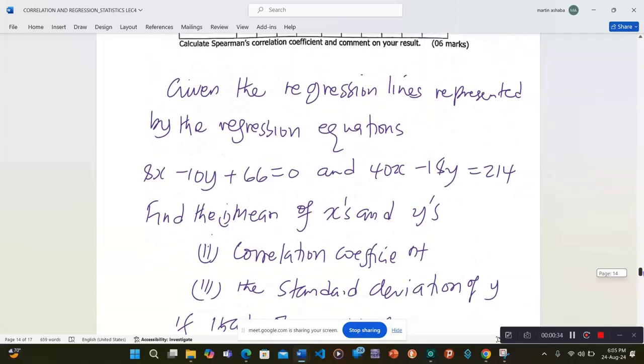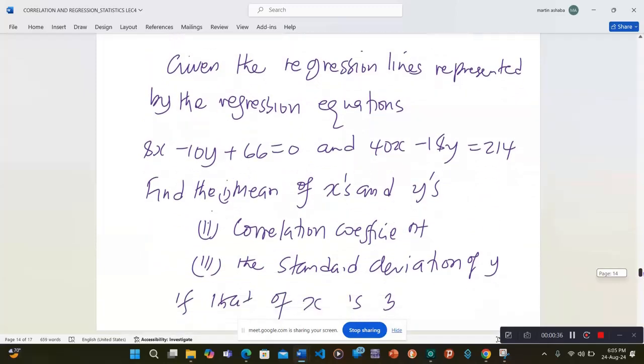Let me explain what this is trying to tell us. It means there is data that was given, and the analysis came up with these regression models to be the ones that could fit the data very well.